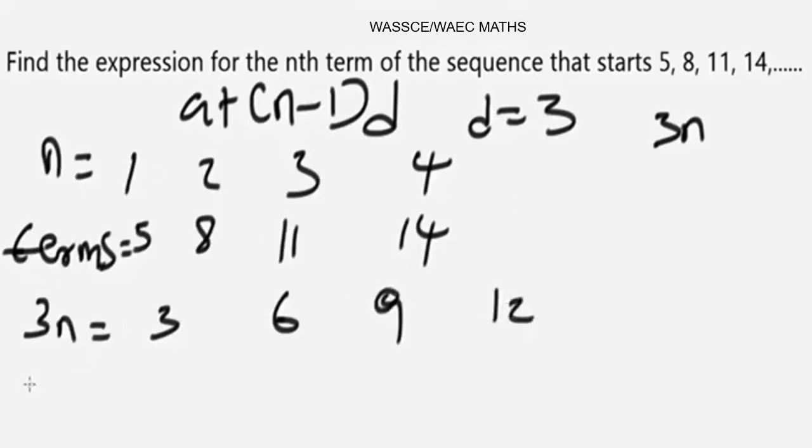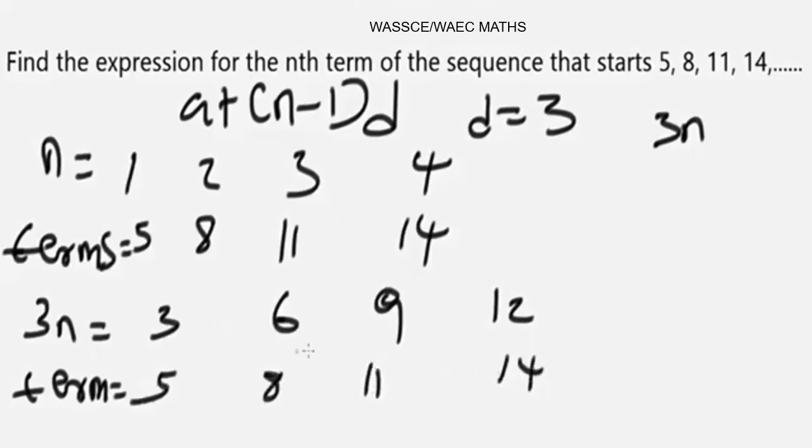Now for the term itself, remember we are trying to get the expression for the nth term. This is the procedure you take when you have known your common difference. Very, very important, guys. Our terms are still 5, 8, 11, and 14.